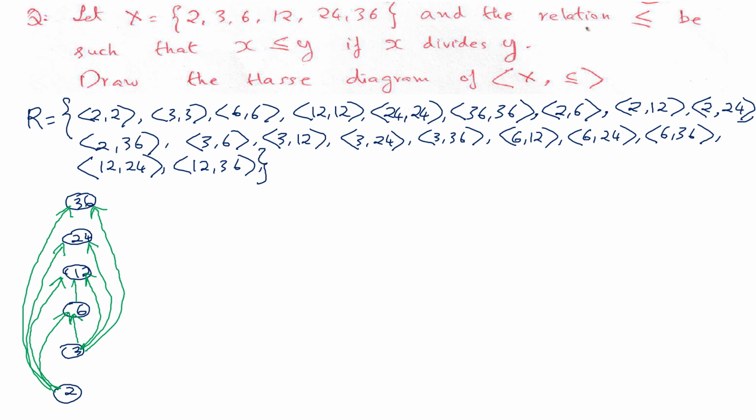Then 6 to 12, 6 to 24, and 6 to 36 are also there. Now where we don't have continuity: one is 2 and 3, and another is 24 to 36, where there is no connectivity. So 2 and 3 have to be adjacent to each other, and in the same way 24 and 36 should also be adjacent to each other. I hope you understood this. So this is 2 and this is 3. They should be adjacent.